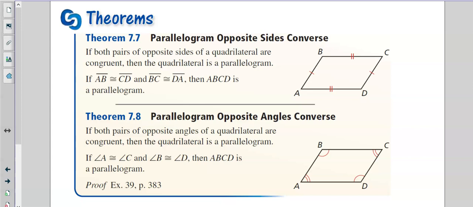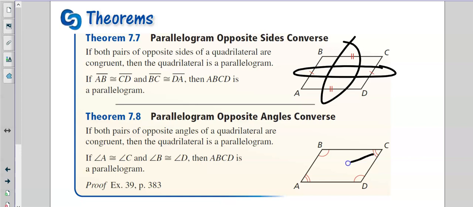If we know that both pairs of opposite sides of a quadrilateral are congruent, so these two are the same, those two are the same, then we know it's a parallelogram. Also, the converse of what we learned earlier, if these two are congruent and these two are congruent, opposite angles, that means that quadrilateral is a parallelogram.